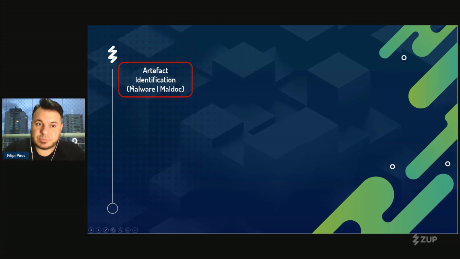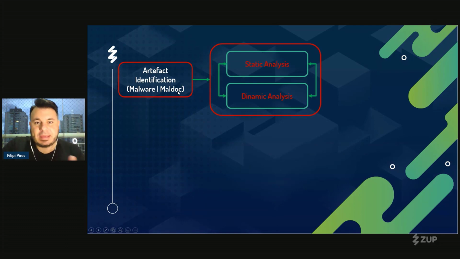This is a simple definition: malware is malicious software, and maldoc is a malicious document. When I identify this sample, I can choose the best method to apply to this binary or file. I will use static analysis or dynamic analysis. This is just a concept.